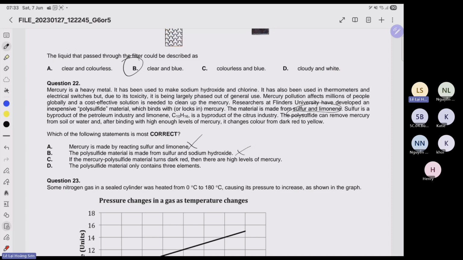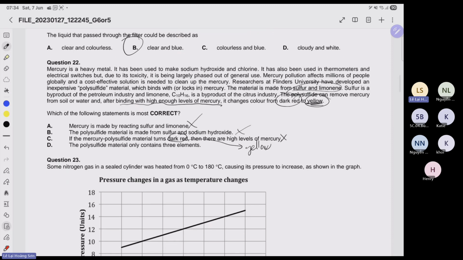If the mercury polysulfide material turns dark red, it has high levels of mercury. No. After binding enough mercury, it changes from dark red to yellow. So the final color must be yellow, not dark red.